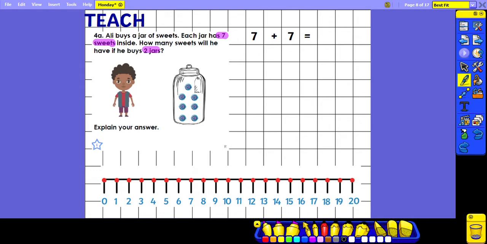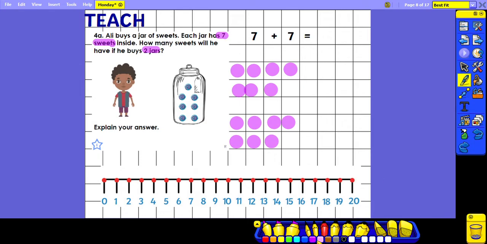So we're going to draw out the sweets and count how many there is altogether to help us work out double 7. So 1, 2, 3, 4, 5, 6, 7. I'm going to draw the other 7 from the second jar down here. So 1, 2, 3, 4, 5, 6, 7.